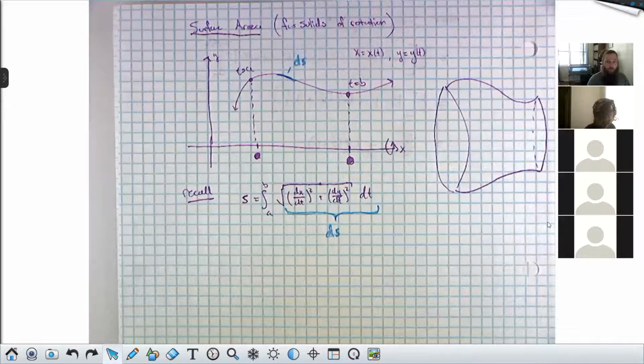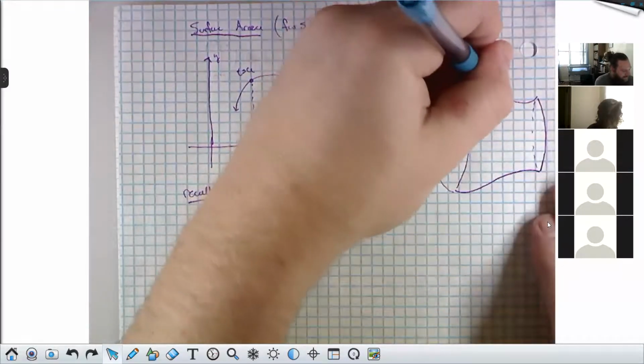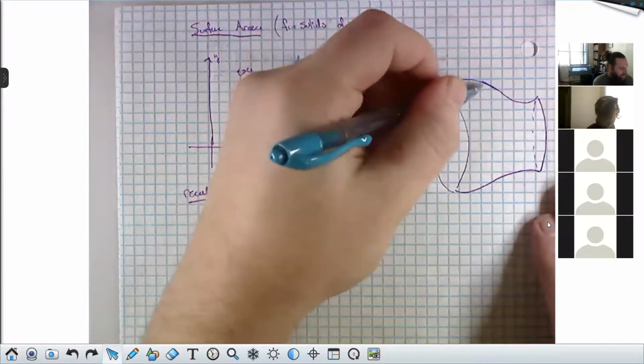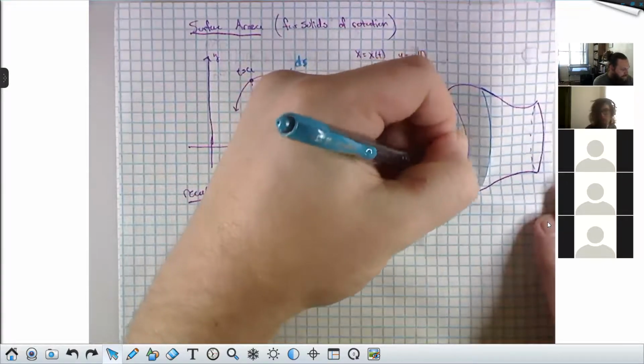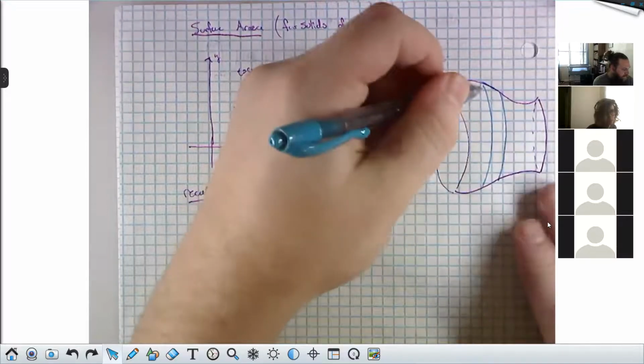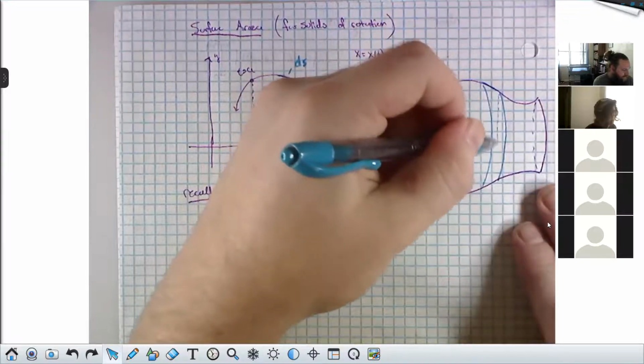And in order to find the surface area associated with that tiny piece of arc length, you imagine rotating just that tiny piece of arc length. That would produce this little narrow band of surface area.